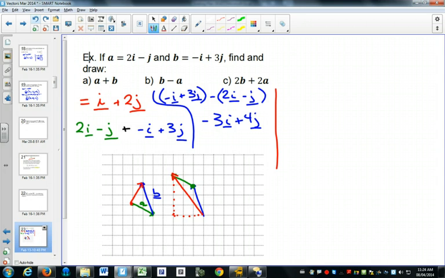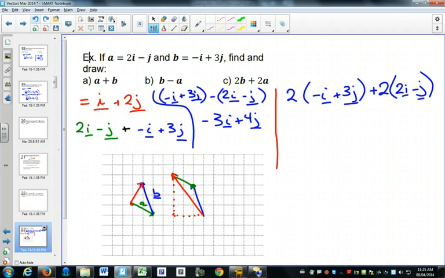All right. And then C. We're going to double B and double A. So writing this out, we would have 2 times b. And this is very much like grade 9 algebra. And we're going to double A. You're going to forget to underline them sometimes, and just say, oh, I forgot to underline them.